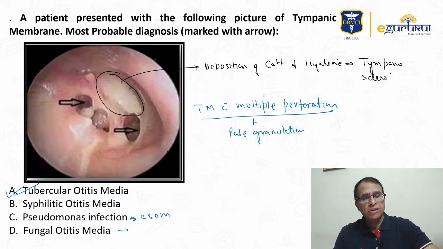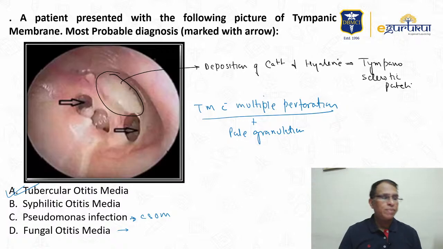So this is a tympanosclerotic patch which is due to deposition of calcium and hyaline, and this is a sequel of otitis media.